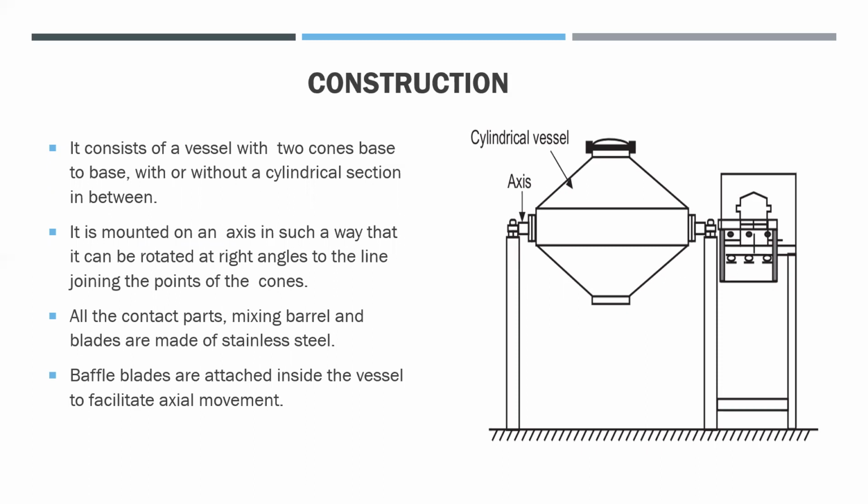This double cone blender consists of a cylindrical vessel with two cone bases, with or without a cylindrical section in between them. So this is the first point of the construction.